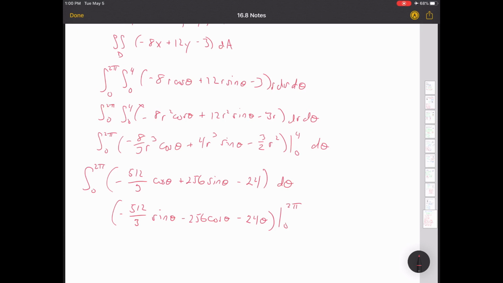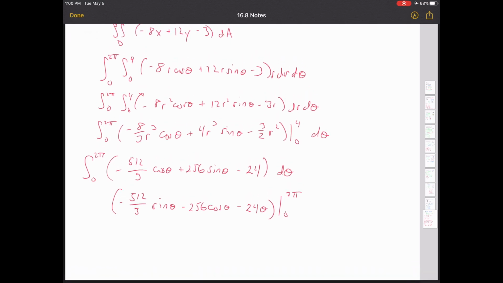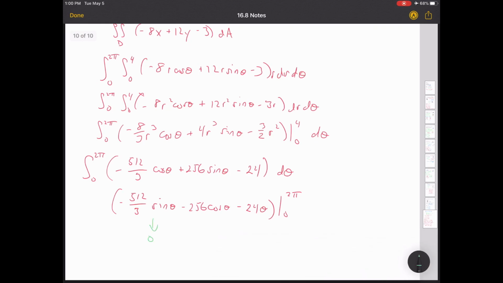Now, if we were really smart about this, we would have separated all of these integrals, because when you take the antiderivative of cosine, or just sine, and you evaluate those from 0 to 2 pi, because you're going to end up and start in exactly the same position, they're always going to be 0. So do I really have to plug the 2 pi and the 0 into these first two? Not really. You can, but you don't have to. But this one's going to go to 0. This one's going to go to 0. So really all I have to do is plug 2 pi and 0 into the last one.